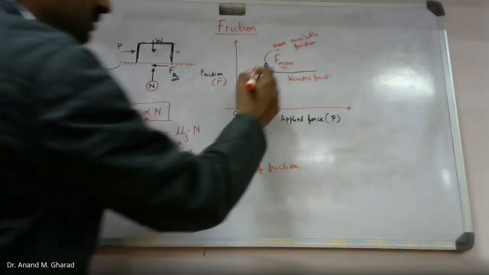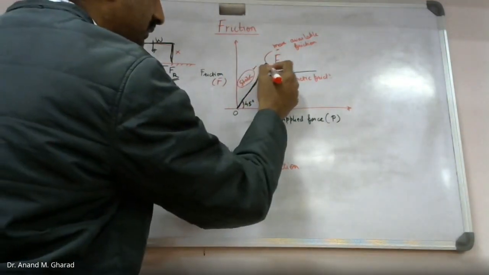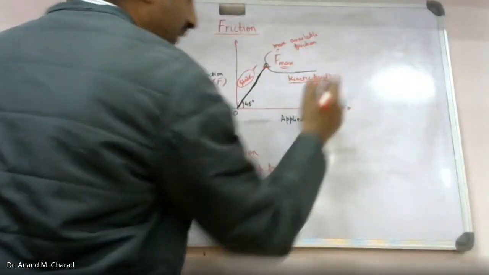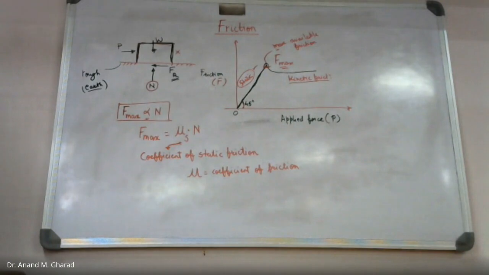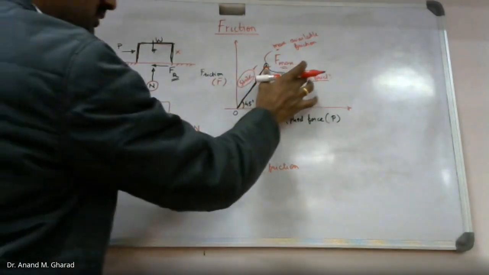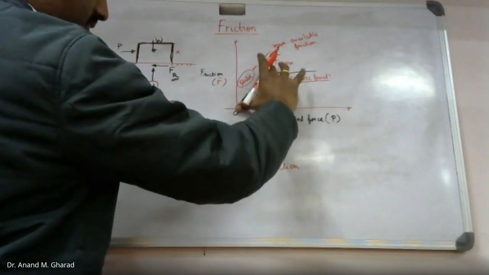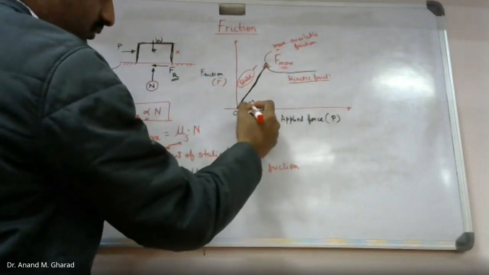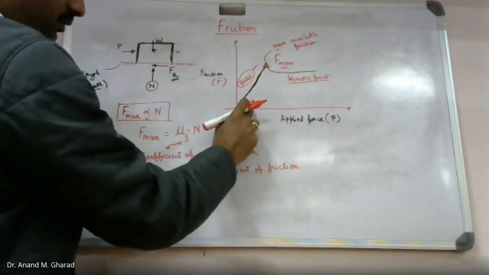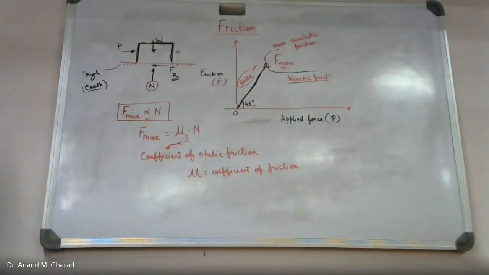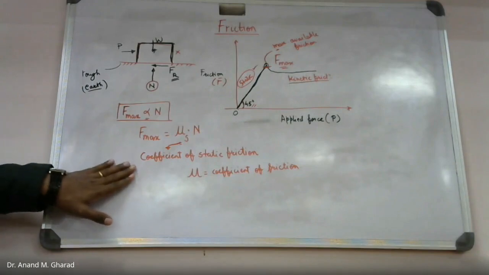Static friction in the sense we are only dealing with this part. We are not interested right now in kinetic friction, because this is not a linear type of thing. This is a linear thing, and we also know experimentally it has been found that the angle of this linear variation is 45 degrees. So is this okay?